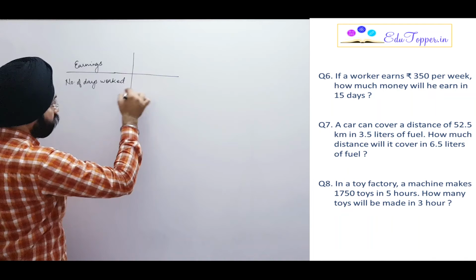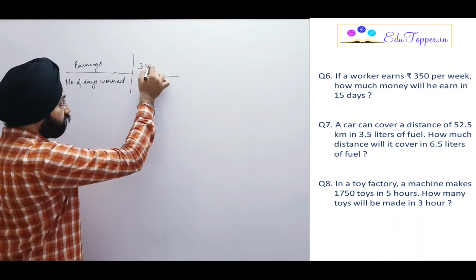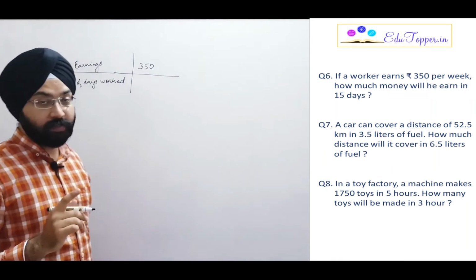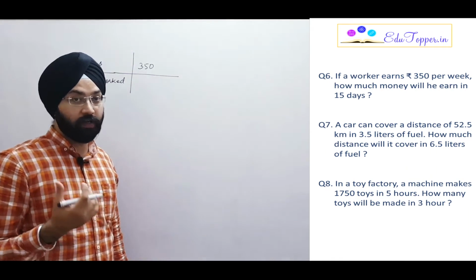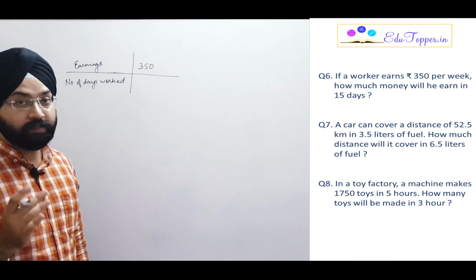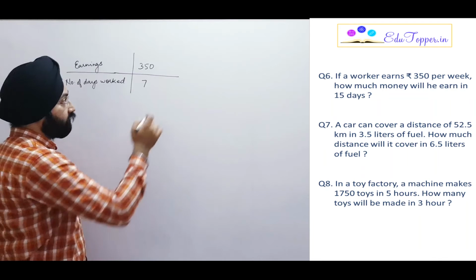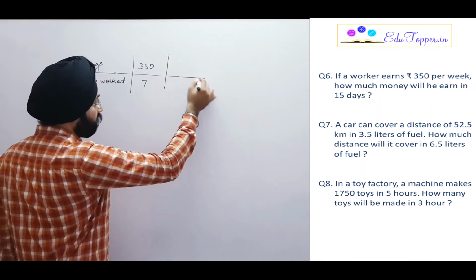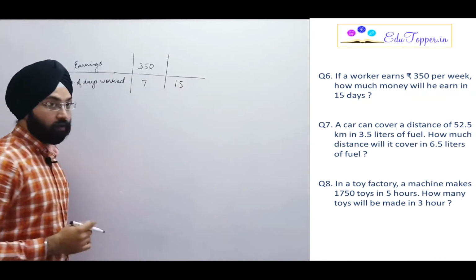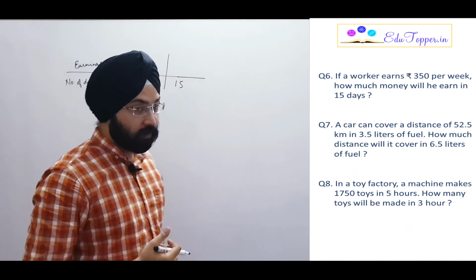Alright, so he earns 350 in a week. The question says a worker makes rupees 350 in a week. In a week means he makes rupees 350 in 7 days. If he works for 7 days, he makes rupees 350. The question is asking us how much money he will get in 15 days.